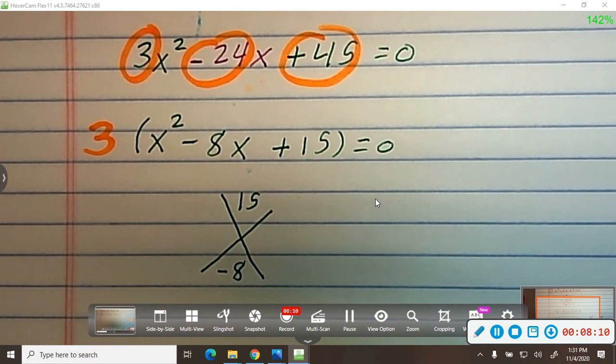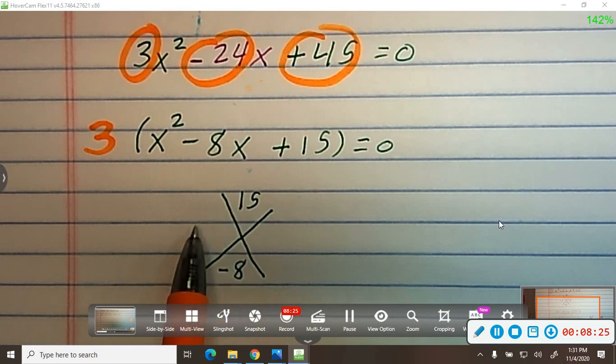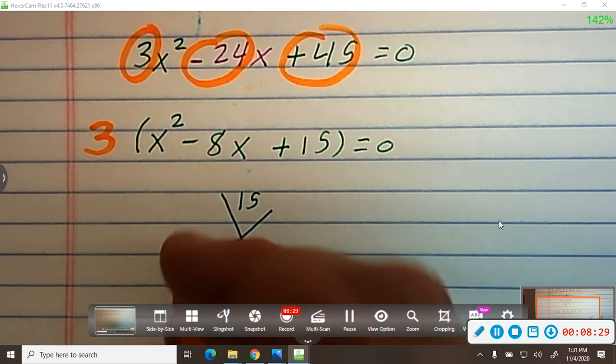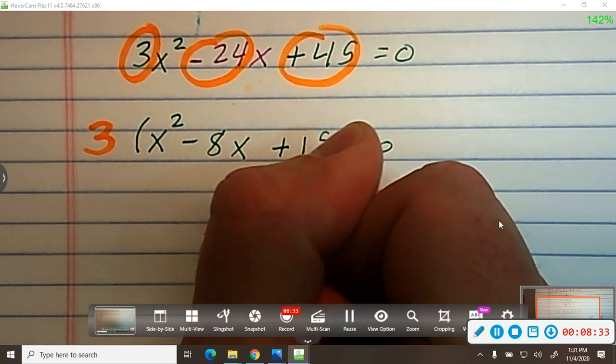And so what multiplies to 15 but adds to negative 8? In order to multiply to positive 15 and add to a negative, these must both be negative, because negative times negative is positive, negative plus negative is negative. So the combination would be negative 3 and negative 5.